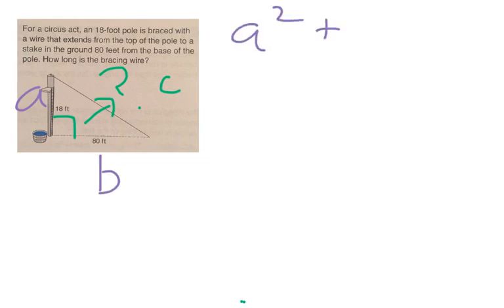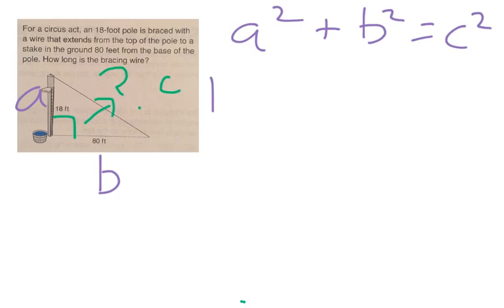So remember, here's our perfect corner, so that means that that's our hypotenuse, or that is side C. And that means that these two sides are A and B.